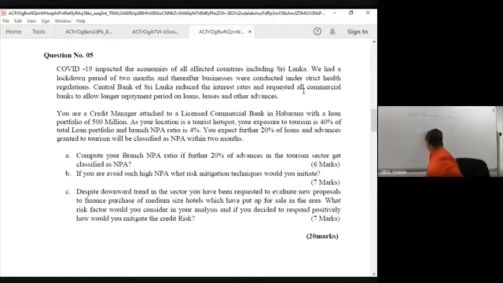Now, they say you have industry categorization, and in this, you have tourism. 40% of your total loan portfolio is given to tourism. Now, what is 40% of this?